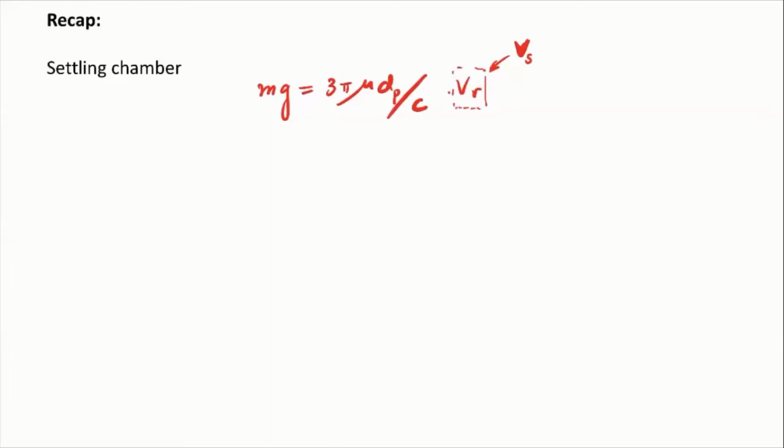Basically it's saying that in a settling chamber, we have particles of 2 different sizes. Because the smaller sized particles have a lower gravity, the removal efficiency is lower. Well, for the heavier particles, the removal efficiency is higher.